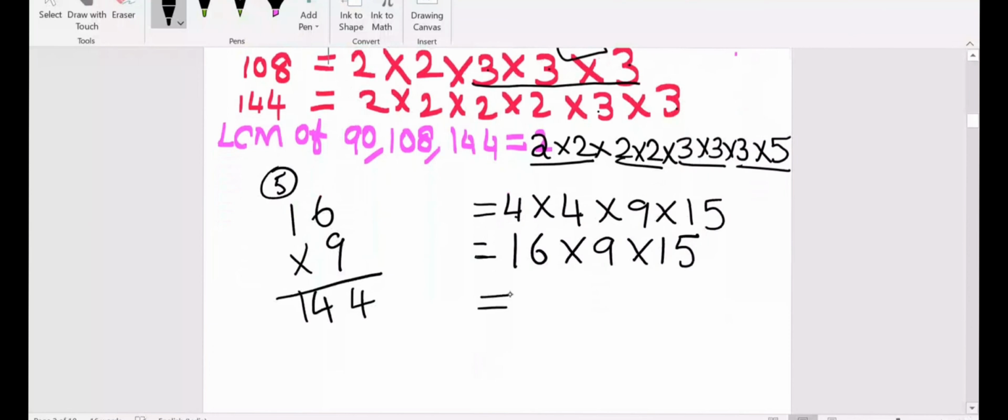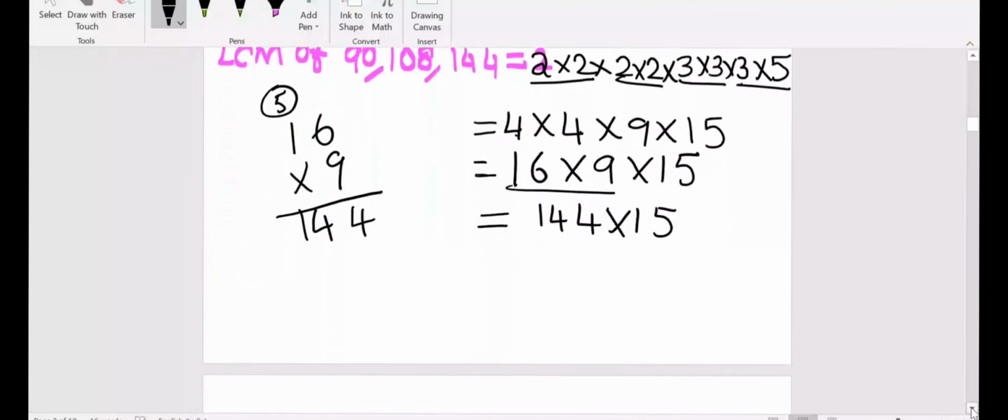Okay, so I have 144 in this place into 15. Let me find out the answer for this. 144, you can also solve with me. 144 into 15.